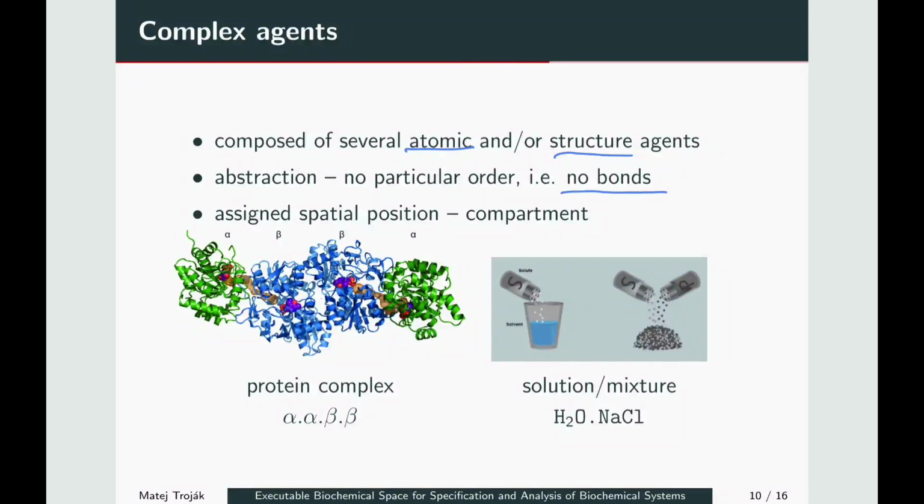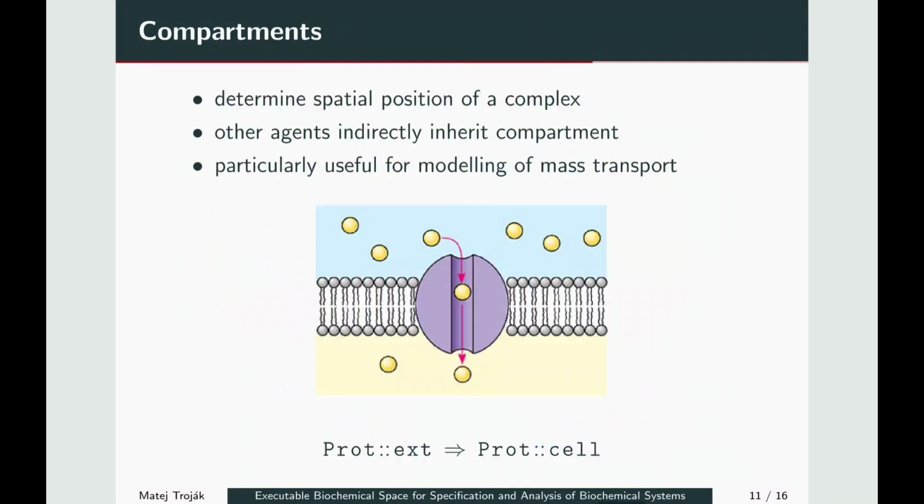So we can model, for example, a protein complex, but also a solution of water and salt, for example. And this complex has assigned a compartment which determines special position and can be, for example, used for modeling of mass transport.